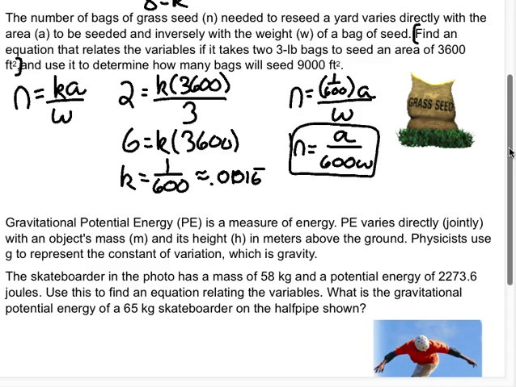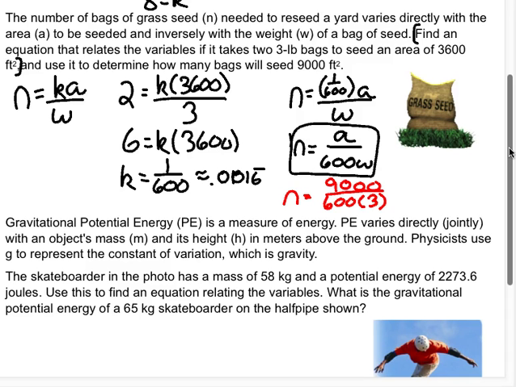Okay, they want to know how many bags will it take to seed 9,000 square feet? Well, let's plug it in. So the number of bags for an area of 9,000 square feet, well, the weight, we're assuming we're going to be using the same weight bag, because that's the only bag I was talking about.